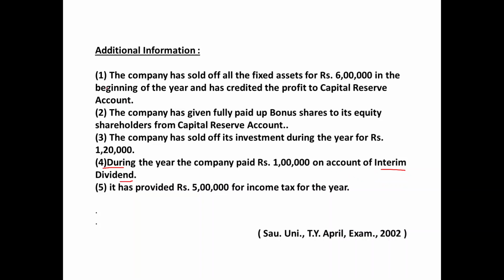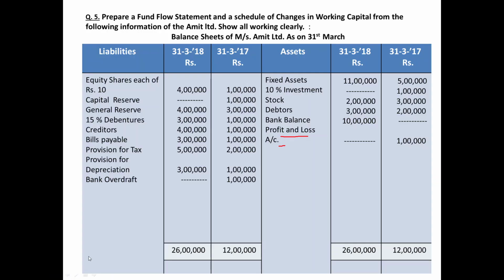And this first point is also a good point of this question. We will verify it later on. But first of all, let us verify the items of current assets and current liabilities, as usual for our working capital schedule preparation. Stock, debtors, bank balance. These are three items of current assets that we are going to report in our working capital schedule.